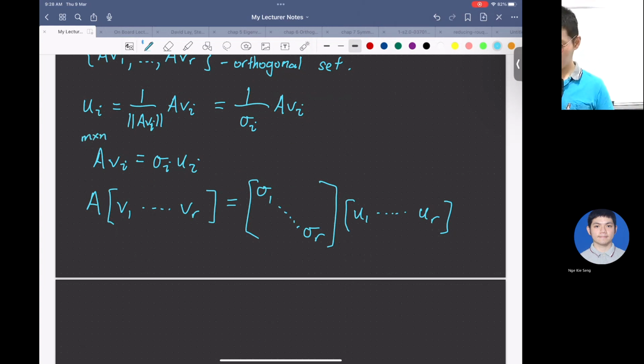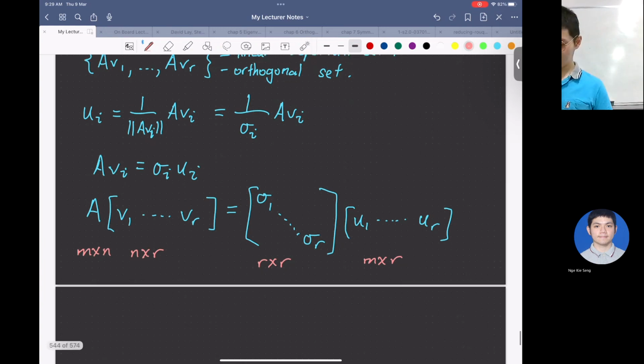Now here is m by r, and then n by r, and then here is r by r, and then U_i lives where? m by r. Make sense?